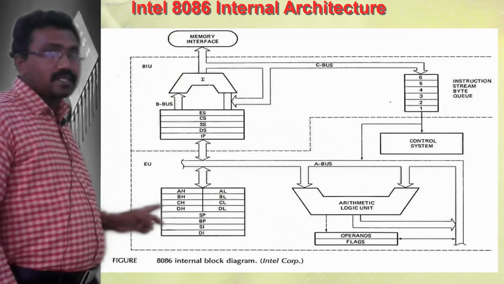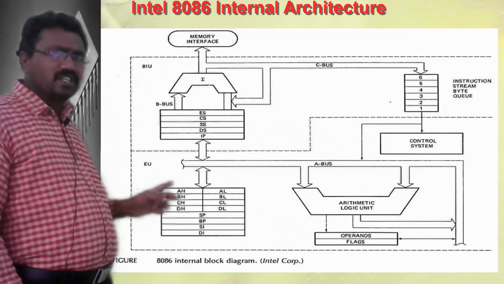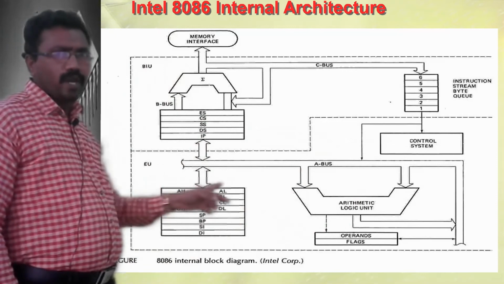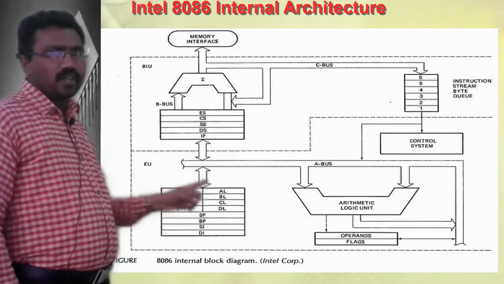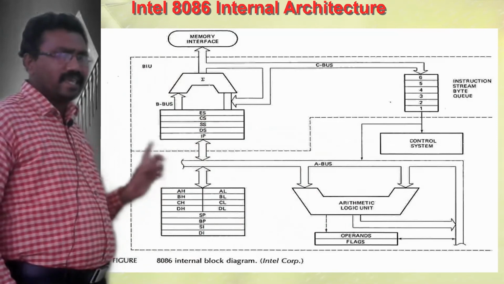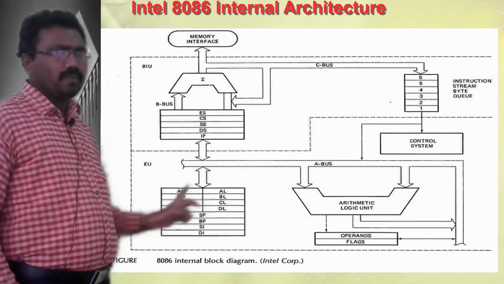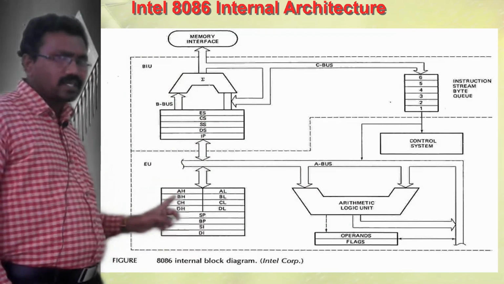These four are general purpose registers, and the 8086 also contains 8-bit registers. AX is divided into two 8-bit registers, AL and AH, and BX is divided into BL and BH. The combination of AL and AH is 16-bit. If you combine AL and AH, that is AX, a 16-bit register. Similarly, BL, BH, CL, CH, DL, DH. The purpose of each register we will discuss in the coming sessions.